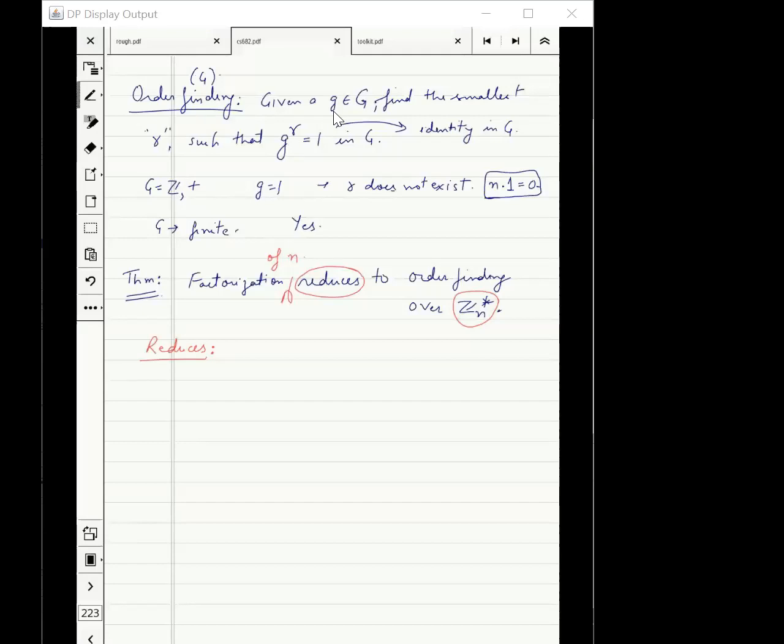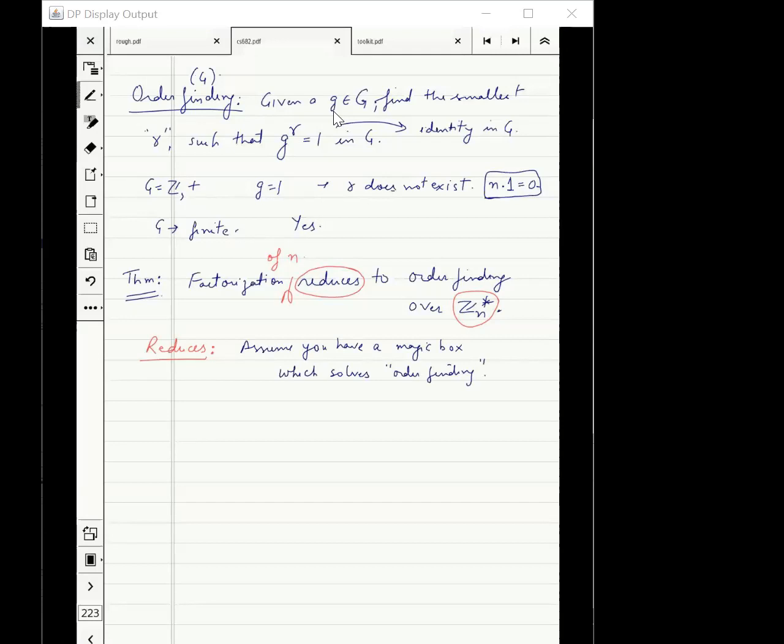A nice intuitive way would be to say that assume you have a magic box which solves order finding. That magic box answers the question of order finding. Whenever you have a problem of order finding, you can say magic box, give me the answer for this G and this group and this element, and it will give you an answer.